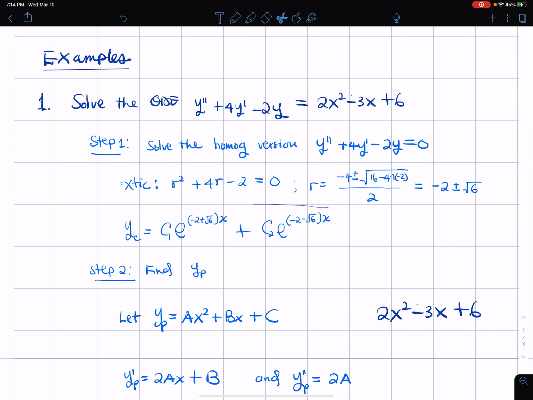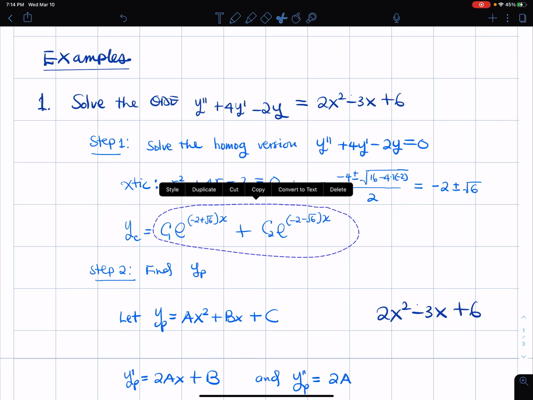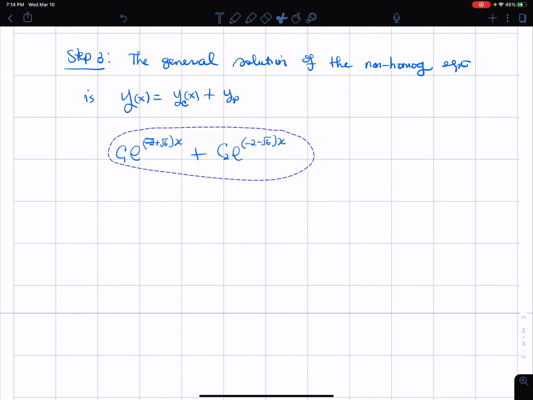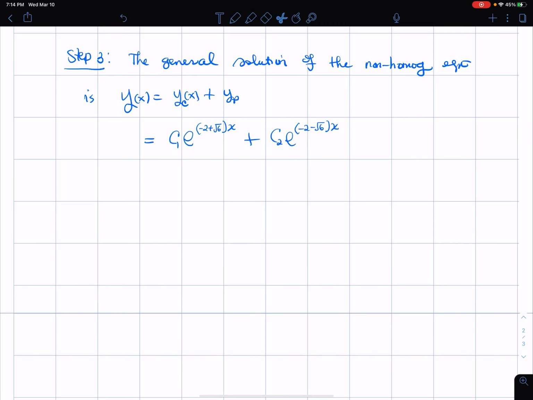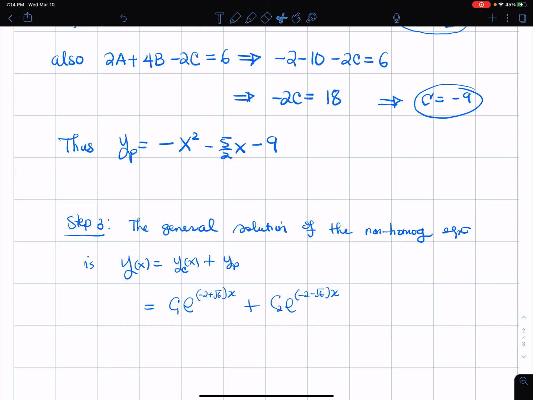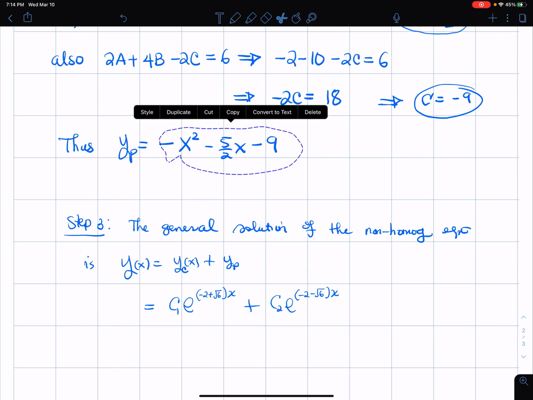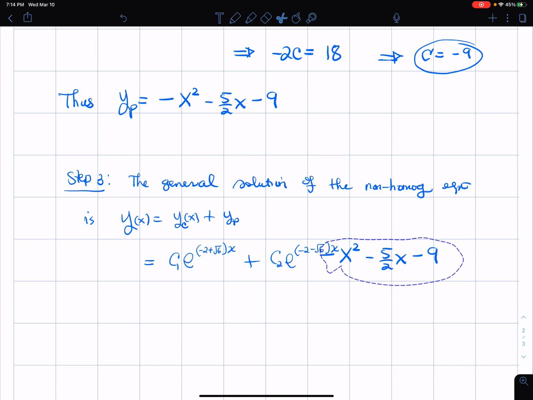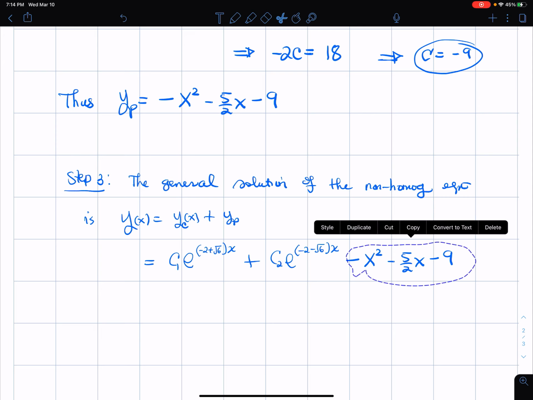Okay. That's our yc. And then yp is that. All right, so that's how we solve a problem with the method of undetermined coefficients.